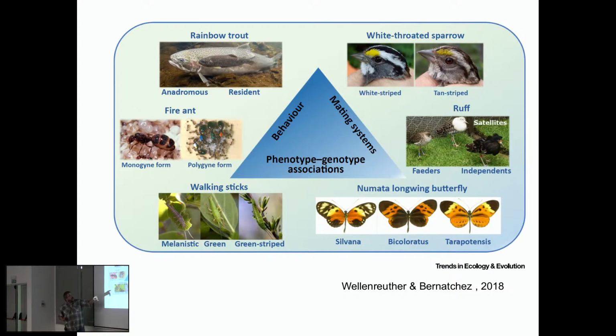We can have differences in sexual behavior, in mating systems. We can have differences in pigmentation. All these differences can lead to speciation. Okay? So in recent years, we see that these inversions could be associated to some of these phenotypic changes that we see in populations.